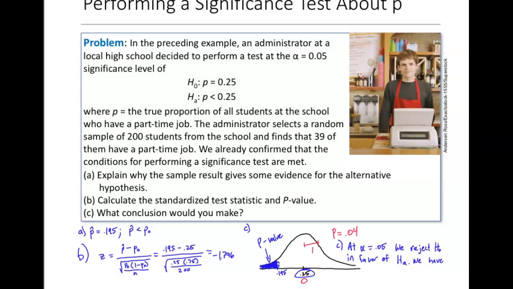We have sufficient evidence to support that less than 0.25 students at this school work. Oh, I'm running out of room here.